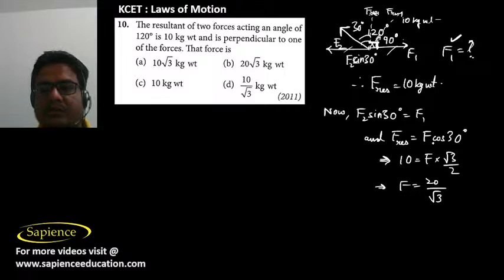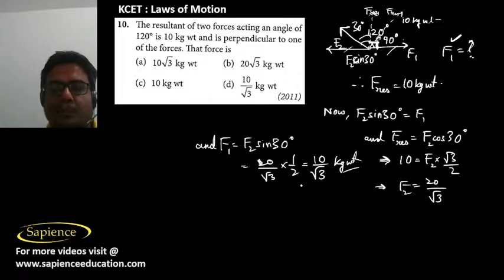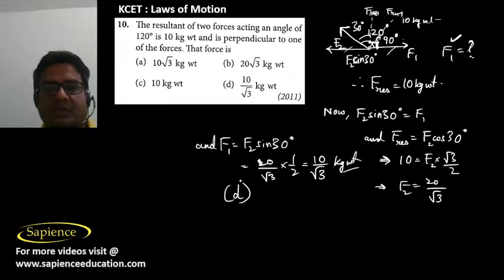Then F1 will be equal to F2 sin 30, which is 20 by root 3 into 1 by 2, that is 10 by root 3 kg weight, the required force. So option D is the correct answer.